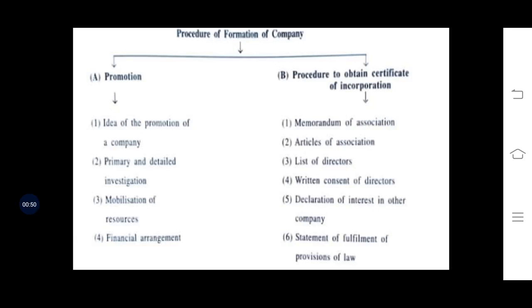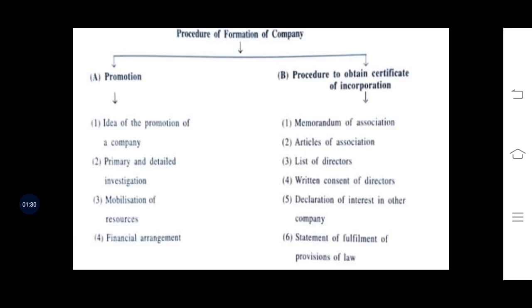Now we know that MCA is a central authority, and under that ROC comes. ROC is established in every state, or some smaller states, where it is not needed to establish a particular ROC, can be merged, so two or more states can form one ROC.